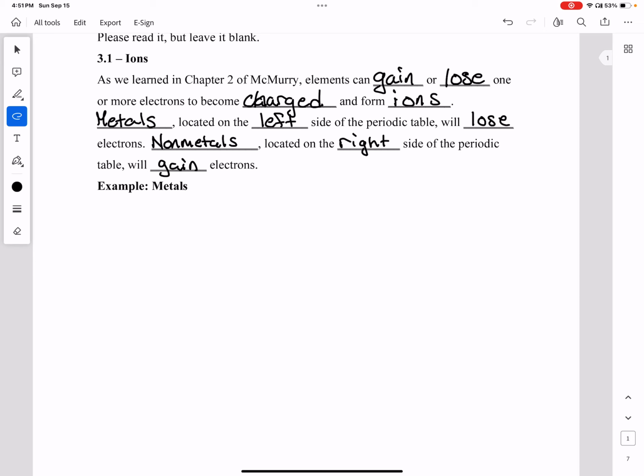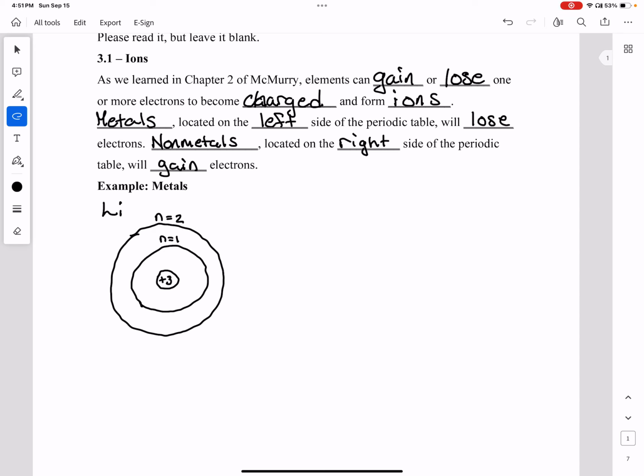Okay, so let's draw a picture of lithium. So we have 3 protons and 2 shells. And so it has its 2 electrons in its 1s orbital and then 1 electron in its 2s orbital.